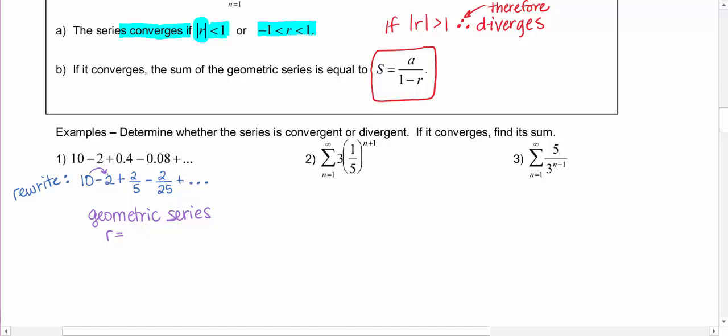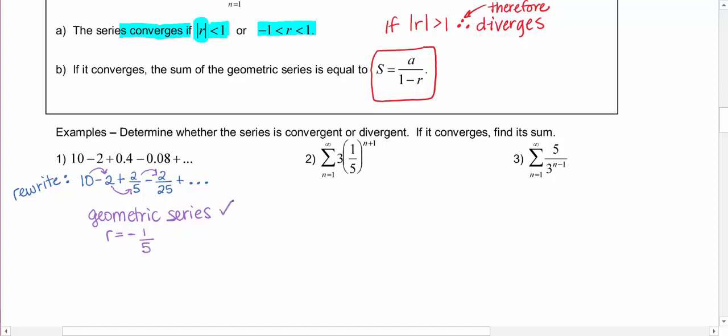So I'm multiplying by a negative 1/5. Does that work again to get me from the second term to the third? Yes, because the negative times the negative would be positive, and that would turn it into 2/5. Does it work again to get from positive 2/5 to negative 2/25? And yes, I can say without a doubt, my common ratio is negative 1/5.